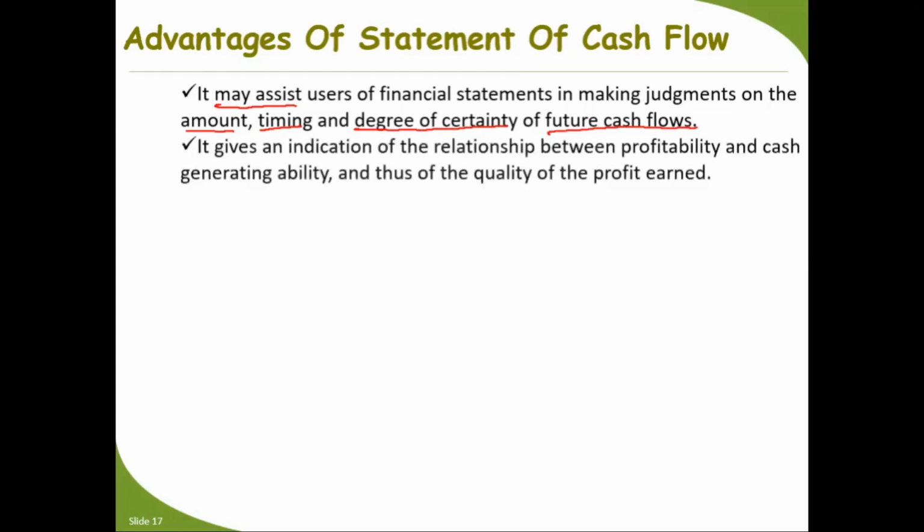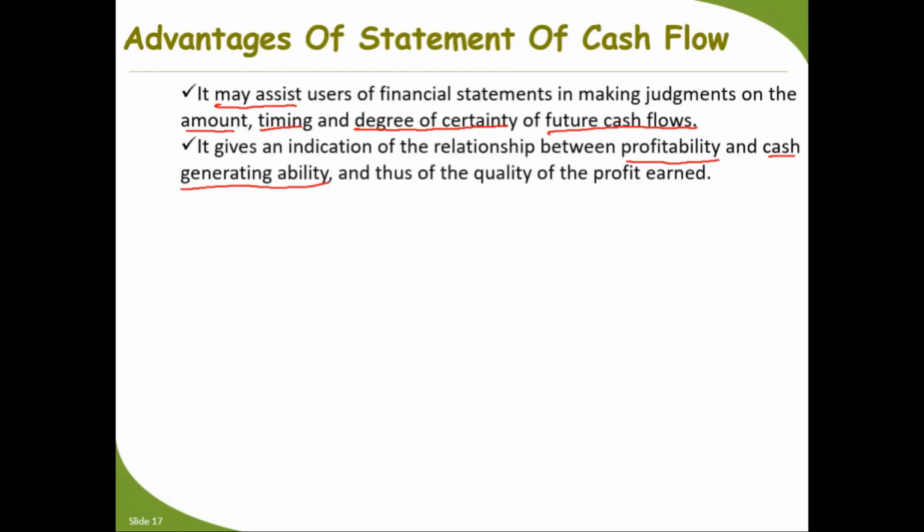It gives an indication of the relationship between profitability and cash generating ability. This is important. Look, in the short run, a business can survive without profit, but a business cannot survive without cash.